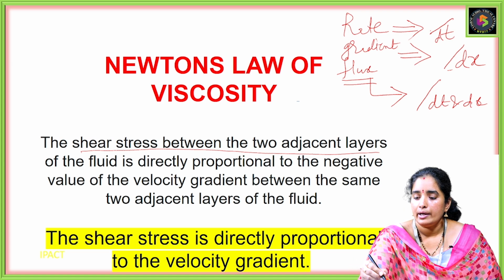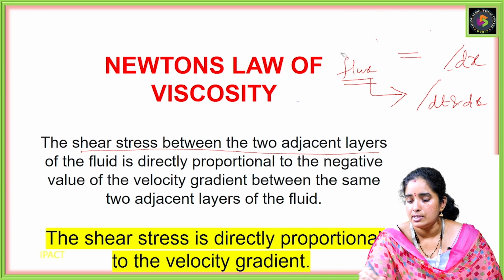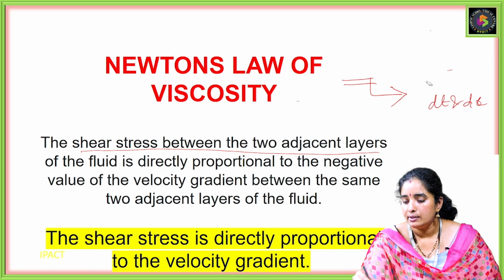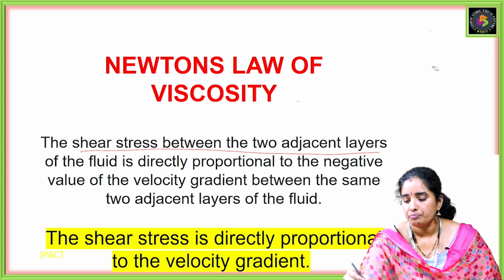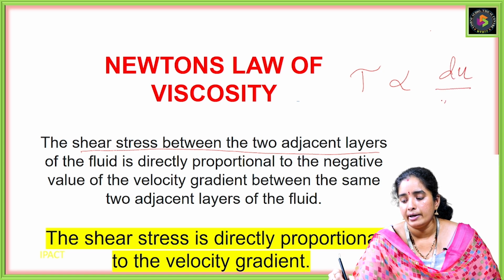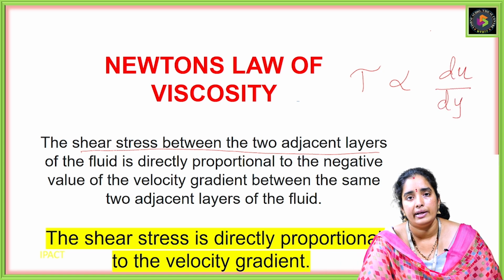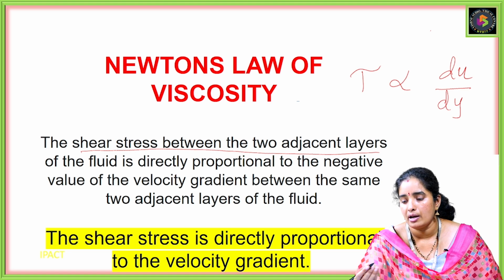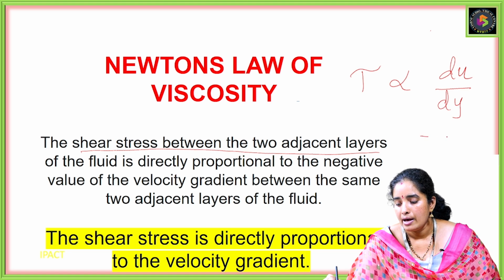Okay, now according to Newton's law of viscosity, we stated that the shear stress, that is tau, is proportional to the velocity gradient. We already said that gradient is nothing but the distance. Here I am considering the distance because I am mentioning the two adjacent layers.